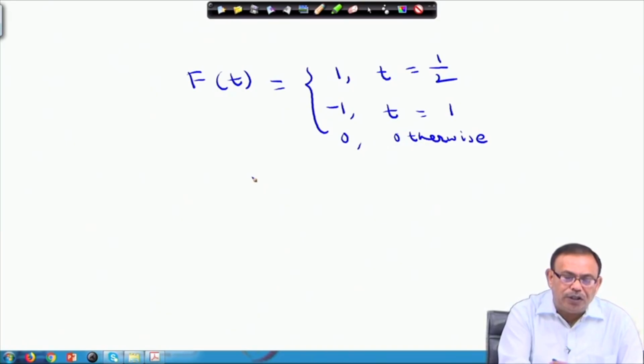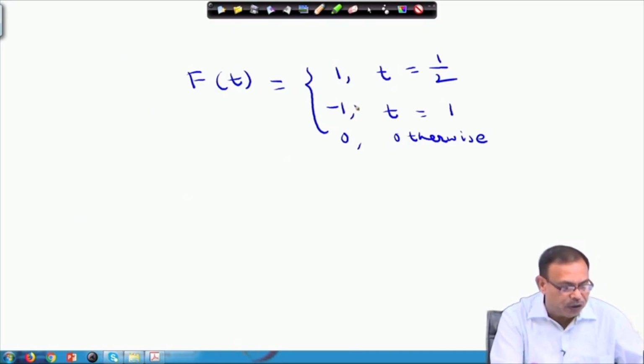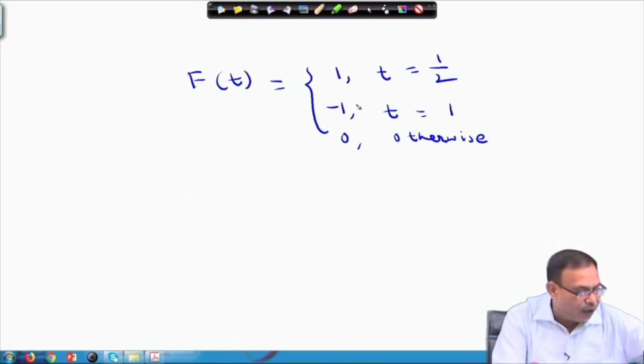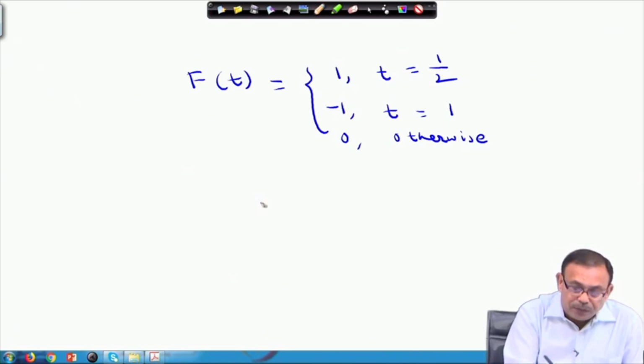So, if you take the integral from 0 to t of f(t) dt, the value will always be 1 and minus 1. Please note this thing, so this is a null function. I think it is clear that in this case, if you take the integral, the value will always be 1 and minus 1, so it will be 0.